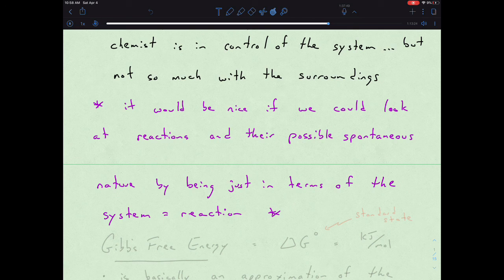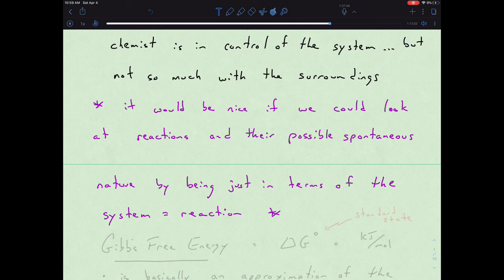So that's where we're going in this lecture, is now to be able to still look at having some predictability of whether a process is spontaneous or not spontaneous, whether the reaction will go or it won't go, but have it totally within the actual system, the system environment. And the system environment is the one that we can actually create as chemists.